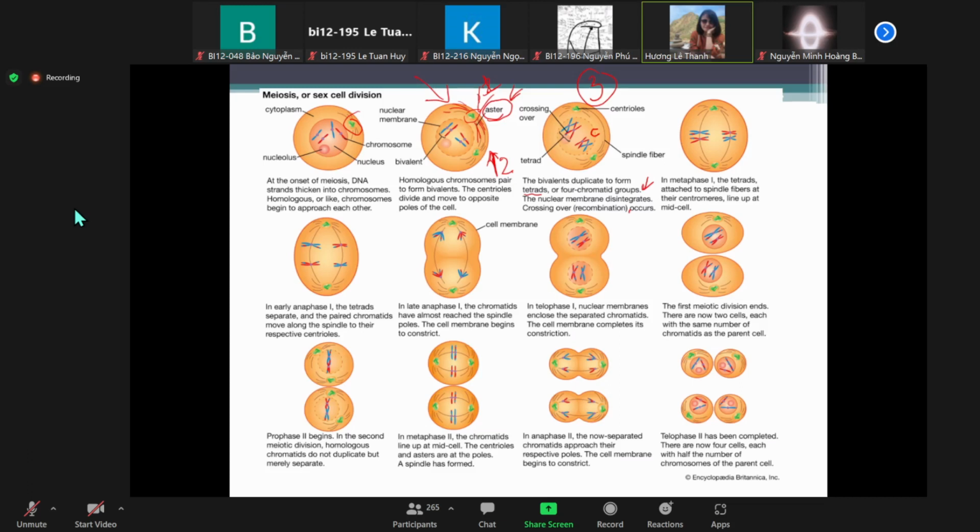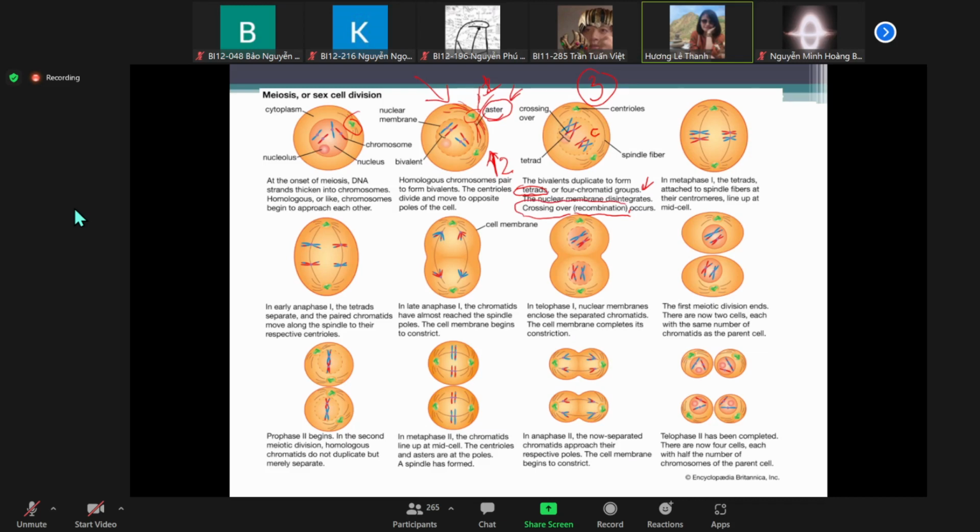These occur during the first phase of meiosis. And the nuclear membranes start to disappear, and a very important process happens here, crossing over. Crossing over in Vietnamese is trao đổi chéo. Crossing over occurs.